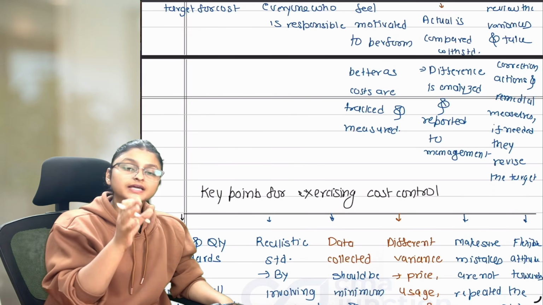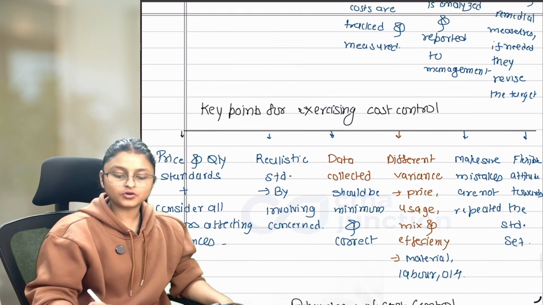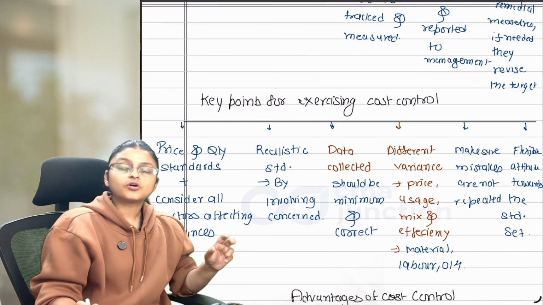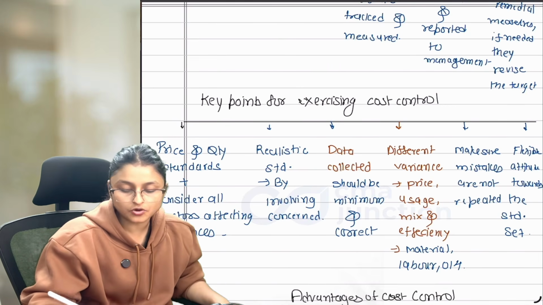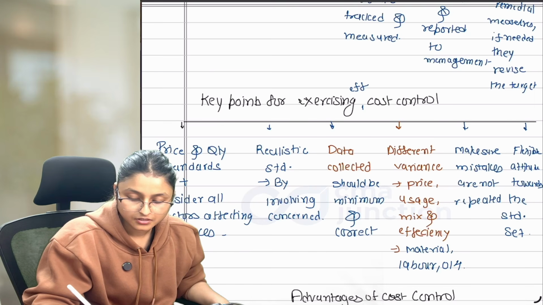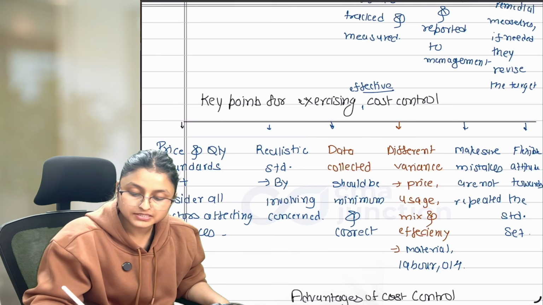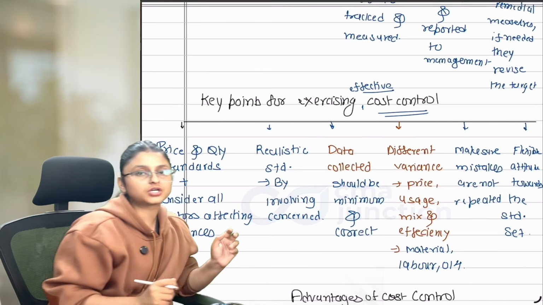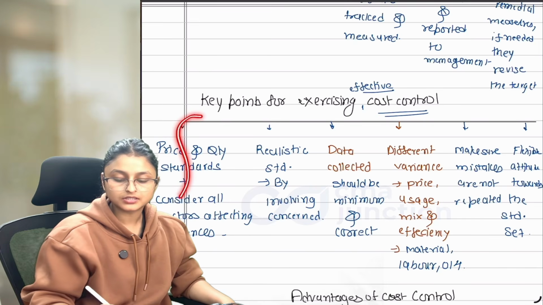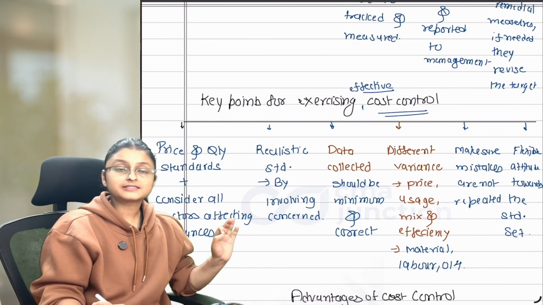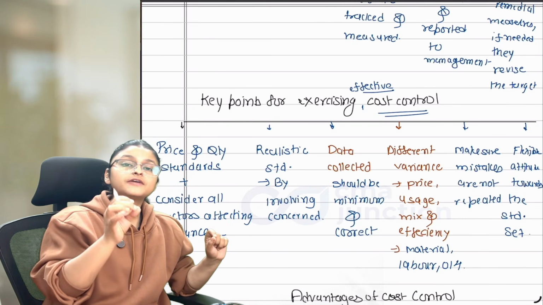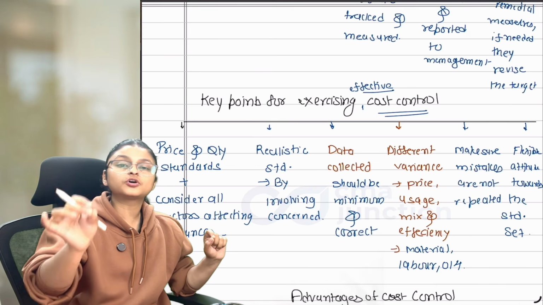Next, key points for exercising control. If you want to exercise control, you have to follow these points. Or we can say exercising effective cost control. If you want to achieve maximum benefits from applying cost control, then you should follow these key points. First is set price and quantity standard for every physical unit used in your operations.